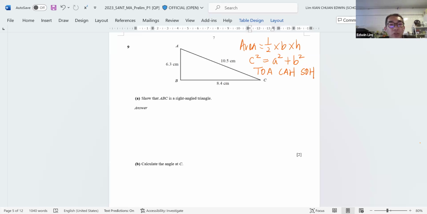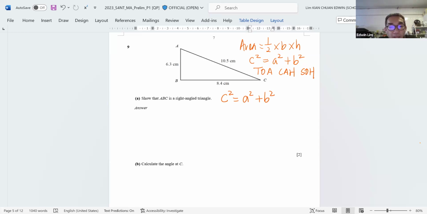So now I look at the question. Question 9a. Show that triangle ABC is a right angle triangle. With all 3 sides given, for question A, I will use C square equals to A square plus B square, Pythagoras theorem.